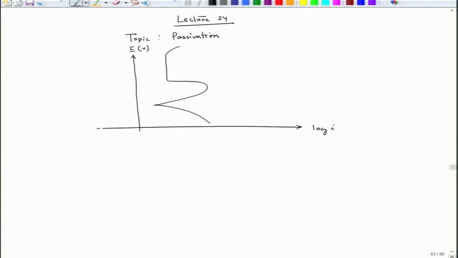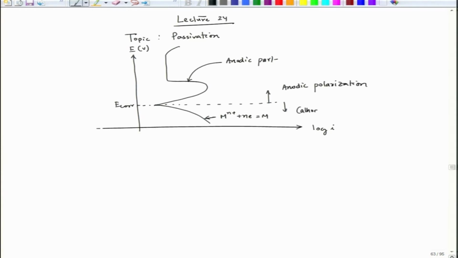Here this segment is the cathodic part, and if we see the E corr, and draw that line this way, we are getting anodic polarization, and this part is cathodic polarization.